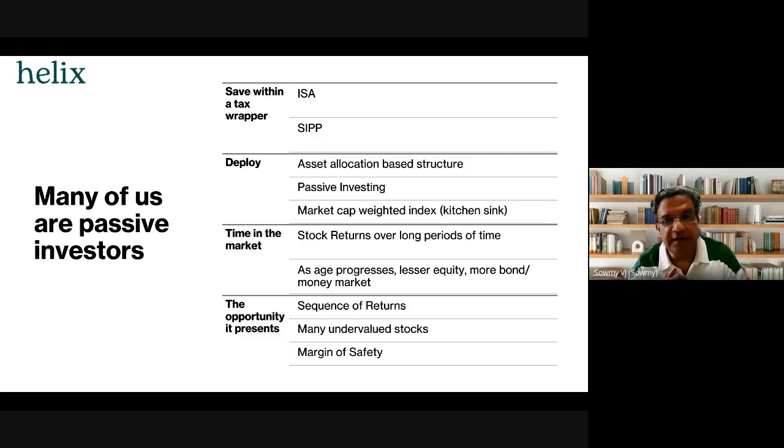And how is that index structured? It's basically a market cap weighted index, right? So how does market cap weighting work? The bigger the market cap of the company, the higher the weightage in the index.